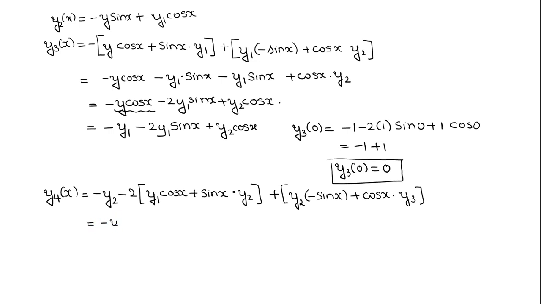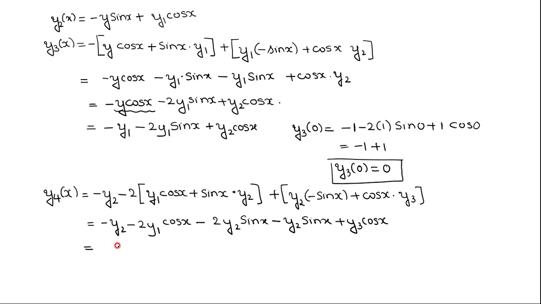We have minus y2 minus 2y1 cos of x minus of 2y2 sin of x minus y2 sin x plus y3 cos of x.